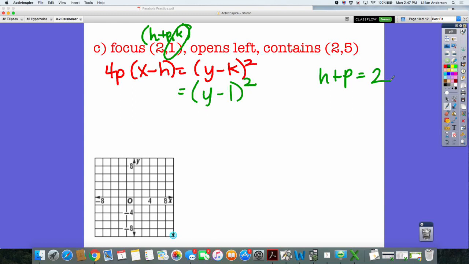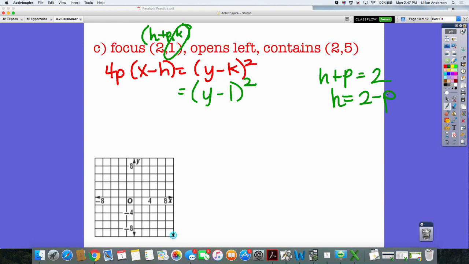Now, from here, what we're going to do is solve for h. We're going to solve for h by subtracting p.